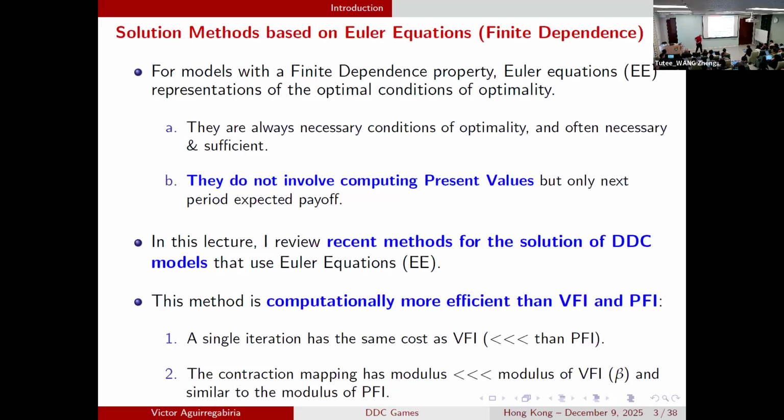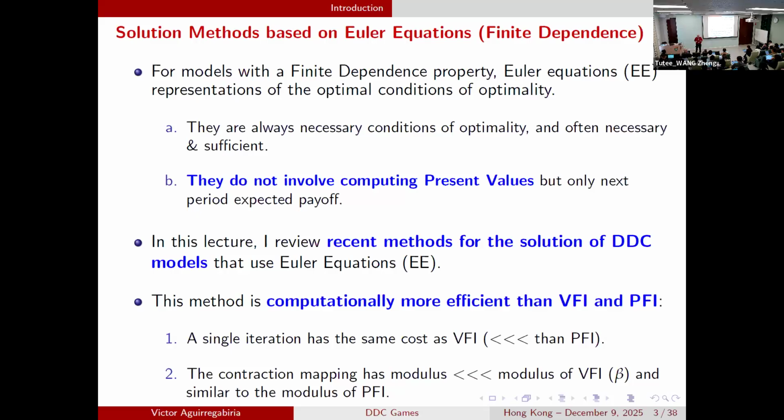In particular, a single iteration has the same cost as value function iteration, because a single iteration of value function iteration involves only obtaining expected values next period, not calculating the present value of all your expected and discounted payoff for infinite periods or for capital T periods, which is substantially more costly. And with this Euler equation operator, one iteration has as little cost as value function iteration.